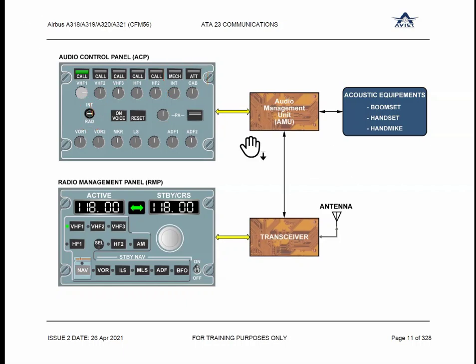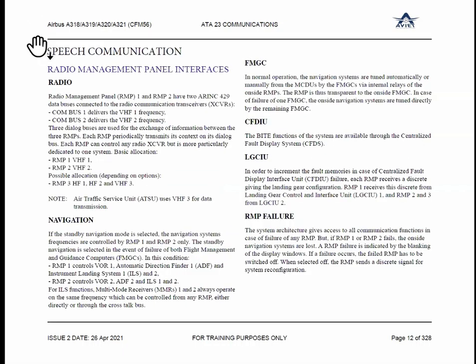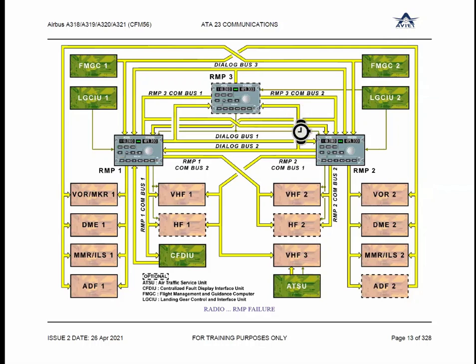Okay. Speech communications. Radio management panel interfaces. We have two RMPs, RMP1 and RMP2. They have two communication buses, connected with VHF1 and VHF2. Three dialog buses are used for exchange of information between the three RMPs. It means all the RMPs are connected together.